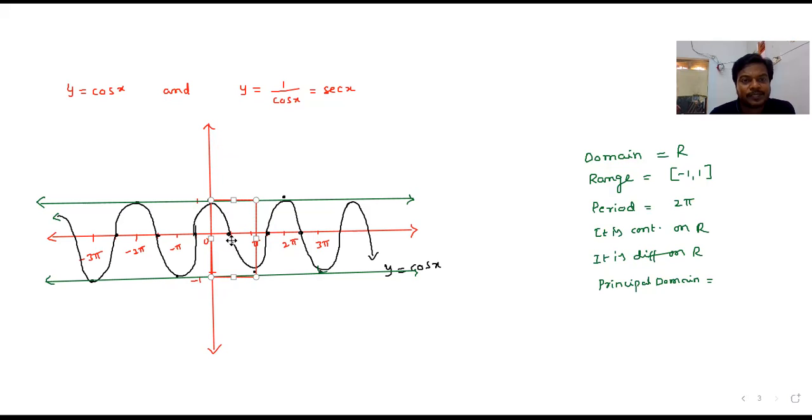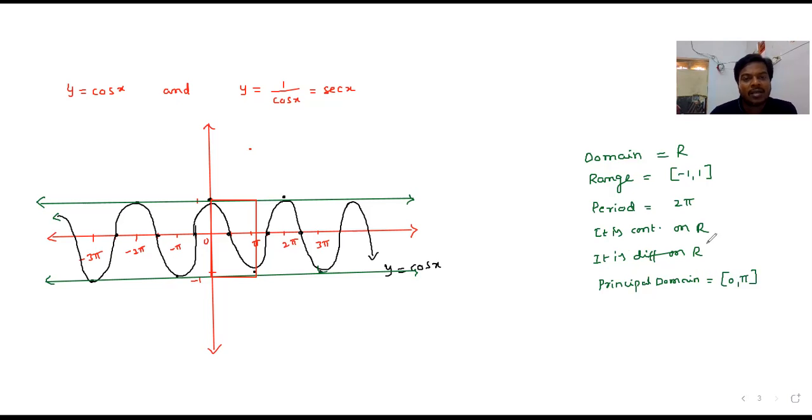Bijective also. So 0 to pi is its principal domain. Therefore, principal domain I am writing closed interval 0 to pi.